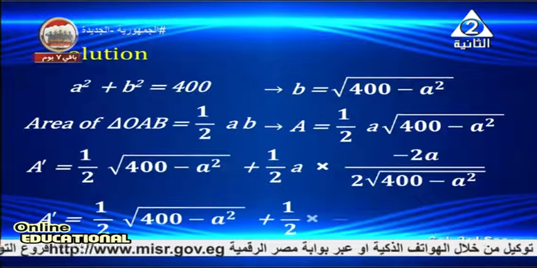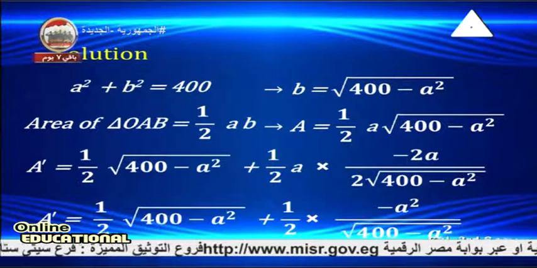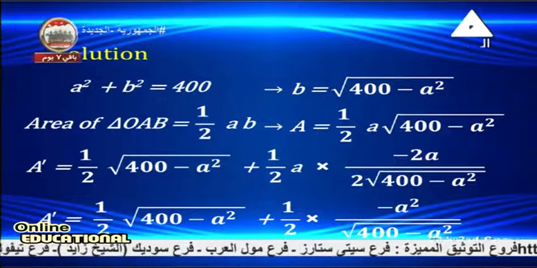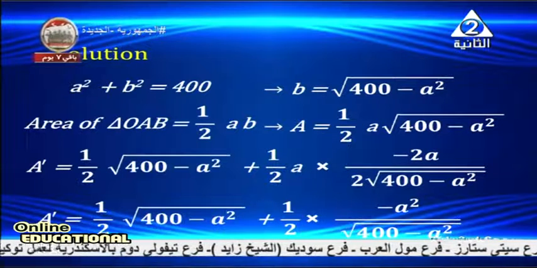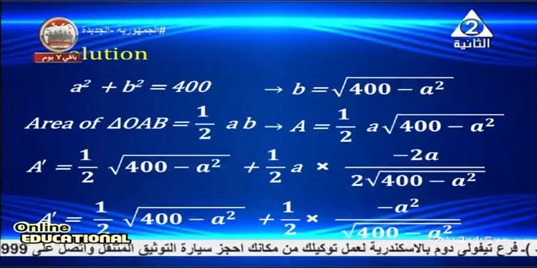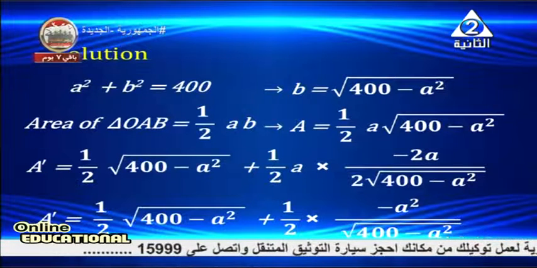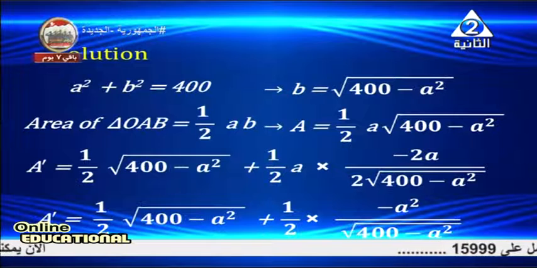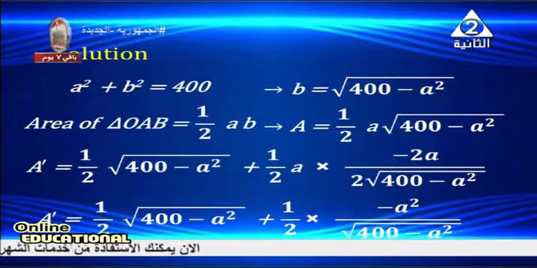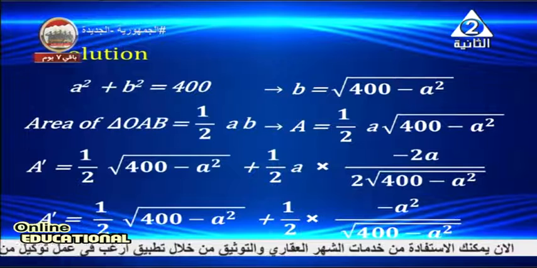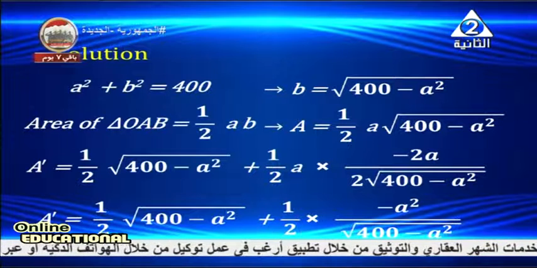Then we can simplify the 2 from the numerator and the denominator. Then a dash equals half multiplied by the square root of 400 minus a to the power 2, plus half times negative a times a over the square root of 400 minus a to the power 2, which equals negative a to the power 2 over the square root of 400 minus a to the power 2. Now, to get the critical point, we put a dash equals 0.